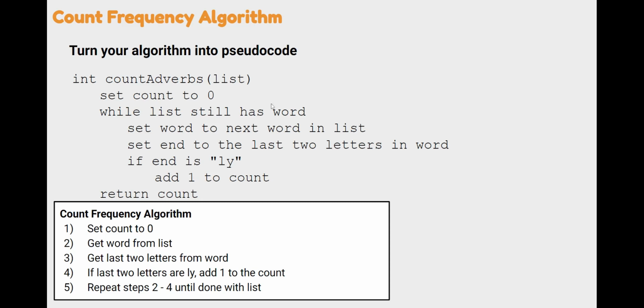While the list still has words in it, we're going to set word to the next word in the list. We're going to set end to the last 2 letters in word. If end is ly, we're going to add 1 to the count. After we go through the entire list, then we can return that count.